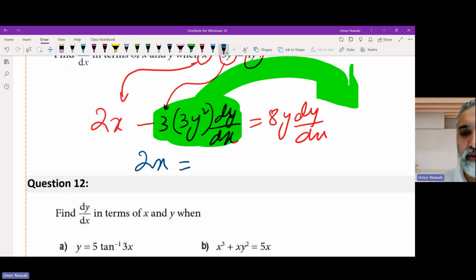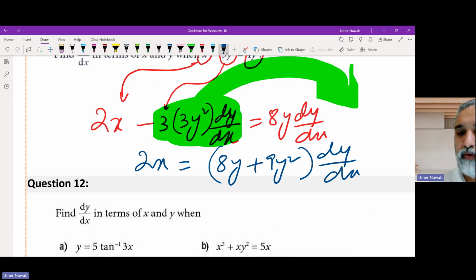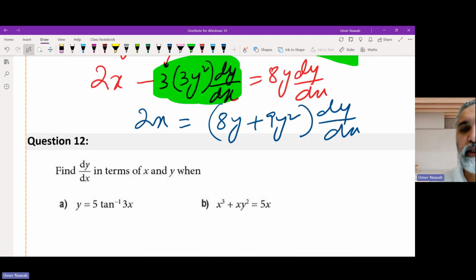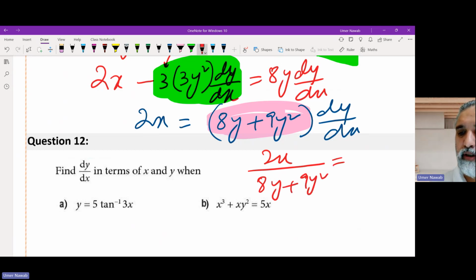So 2x is equal to 8y plus 9y square times dy by dx, which I have taken common from both terms on the right hand side. Now this term is multiplying, so on the other side it divides. The final answer is 2x over 8y plus 9y square is equal to dy by dx.